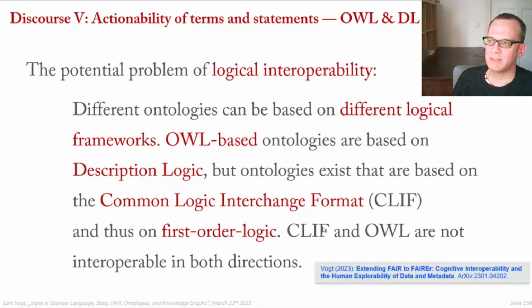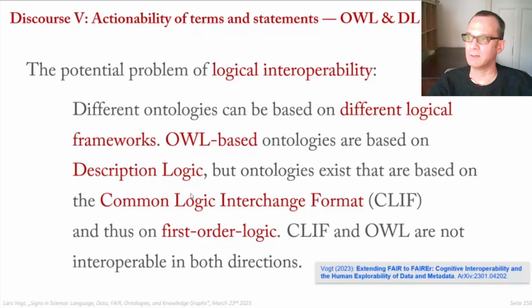So here the problem is that first-order logic understands description logic, but description logic doesn't understand first-order logic, so you have interoperability only in one direction, but not in the other. This sounds terrible, but the practice is basically that most ontologies, if they are built on a logical framework, use description logics and OWL. There are not many ontologies that are based on first-order logic.